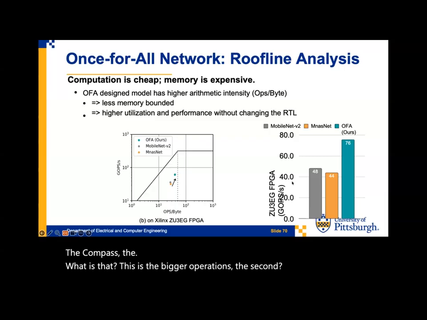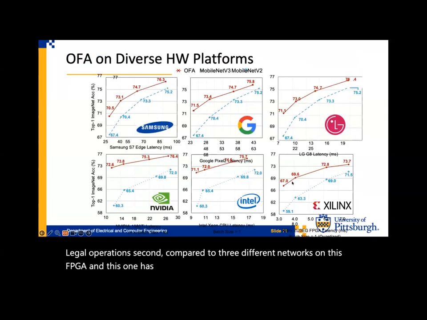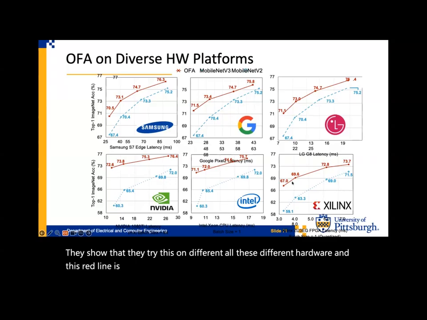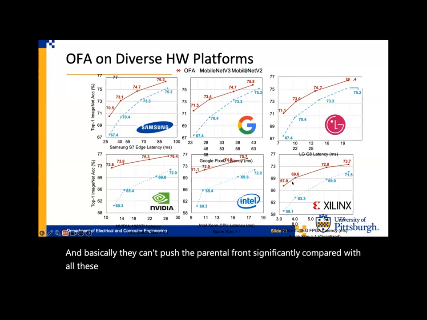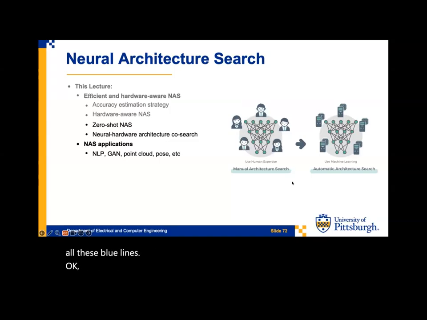It compares three different networks on this FPGA, and this one has higher arithmetic intensity. They show that they tried this on all these different hardware, and this red line is their performance. Basically, they can push the Pareto front significantly compared with all these blue lines. Okay, so that's this so-called hardware awareness.